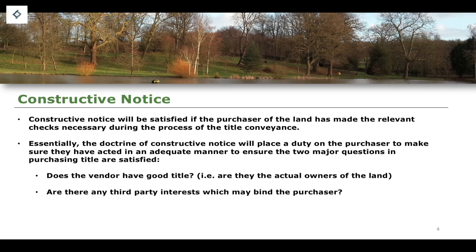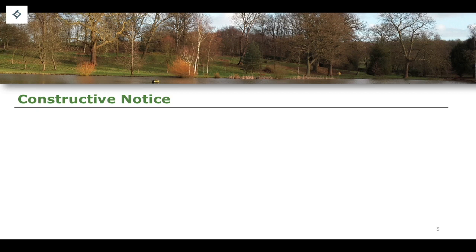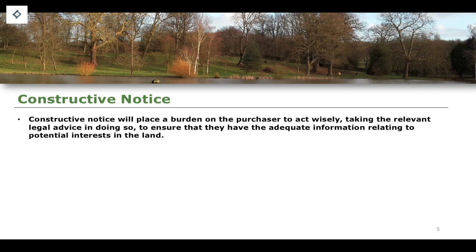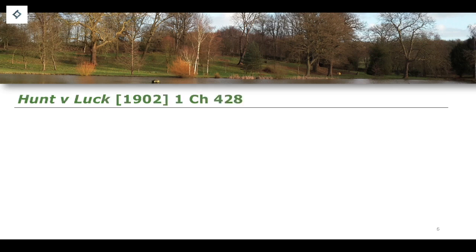These are two duties and burdens which are placed on the purchaser to find out for themselves in the process of purchasing, whether it is registered or unregistered title. Constructive notice, therefore, places a burden on the purchaser to act wisely, taking the relevant legal advice in doing so, and to ensure that they have adequate information relating to any potential interest that could exist over the land.